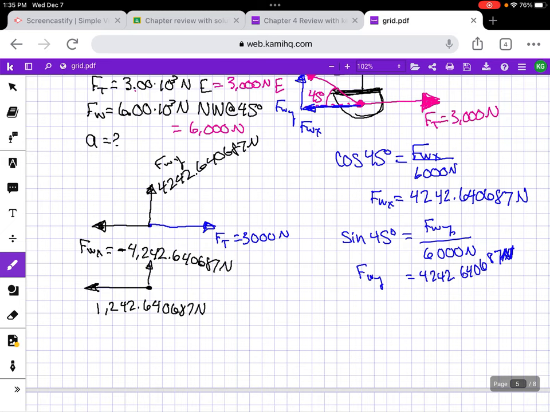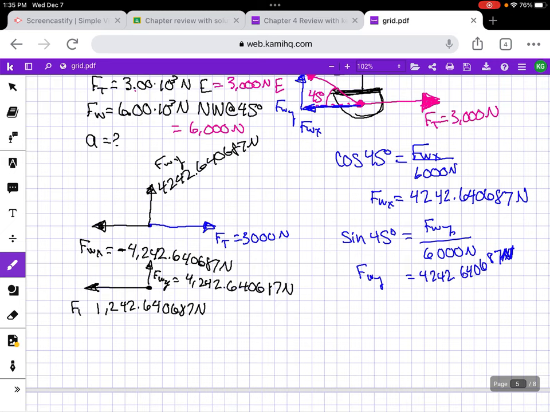And this force in the y, 4,242.640687 newtons.